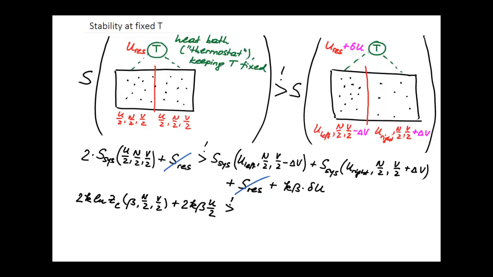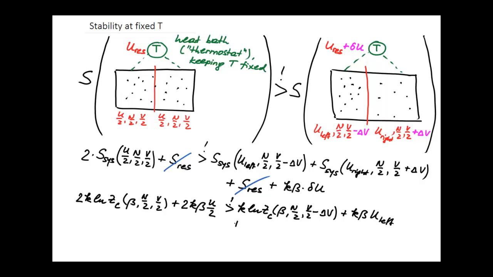This must be strictly larger than the system entropy of the left half in the inhomogeneous scenario, which again I evaluate with the canonical partition function. That's k log canonical partition function evaluated at beta, half the particle number, and volume V half minus delta V, plus k beta U left.